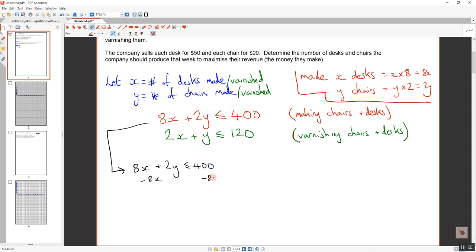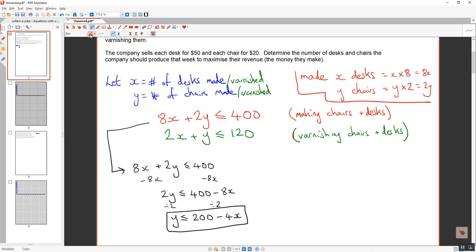So right now you're left with 2y is less than or equal to 400, take away 8x. Yep. And then we're going to divide by 2. So I end up with y is less than or equal to 200 minus 4x, because I'm dividing everything by 2. Okay, so that is one of my equations.